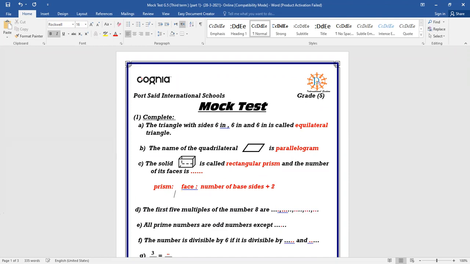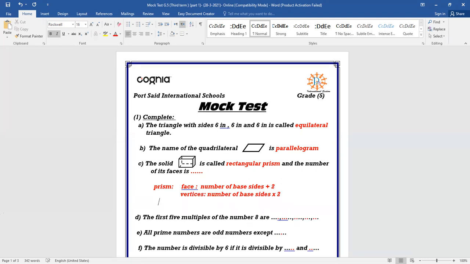And to find the number of vertices, number of base sides multiply by 2. And to find the number of edges, number of base sides multiply by 3.